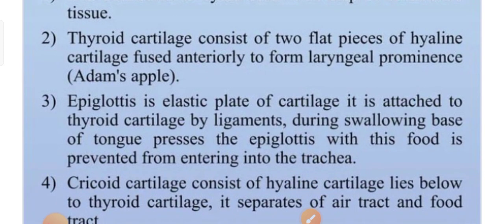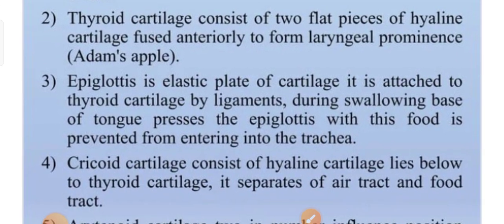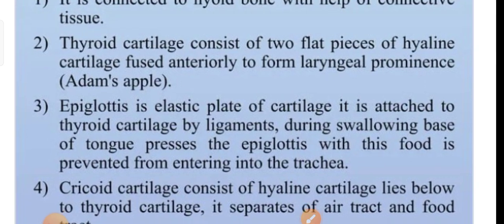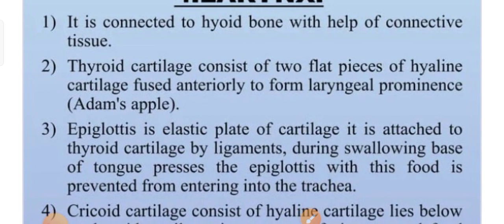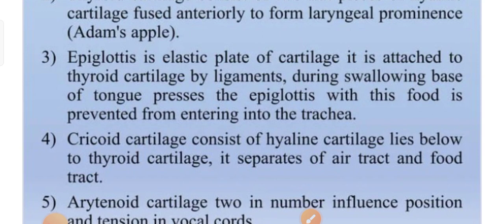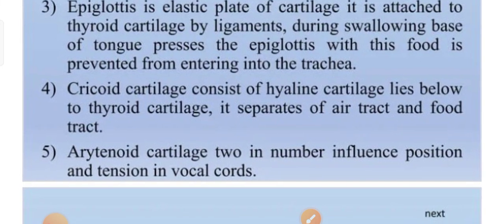There are three types of cartilages: the thyroid cartilage, the cricoid cartilage, and the epiglottis. The thyroid cartilage consists of two flat pieces of hyaline cartilage. The epiglottis is an elastic plate of cartilage. The cricoid cartilage consists of hyaline cartilage. The arytenoid cartilages are two in number.